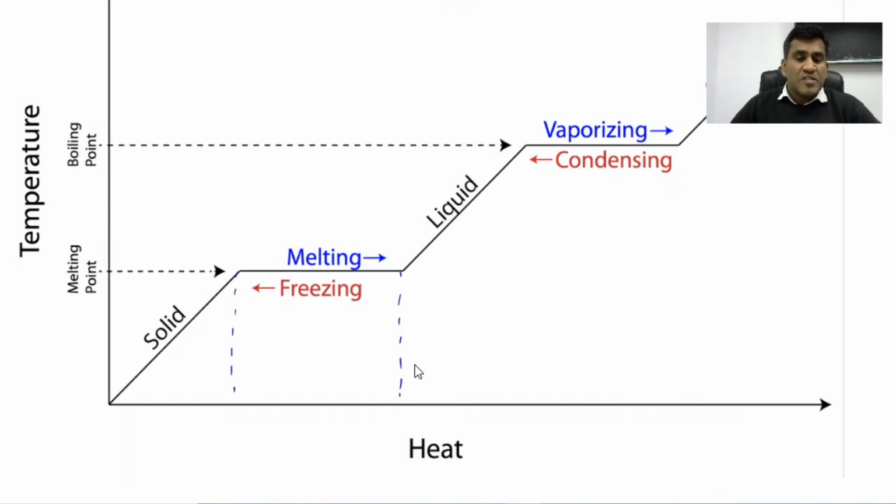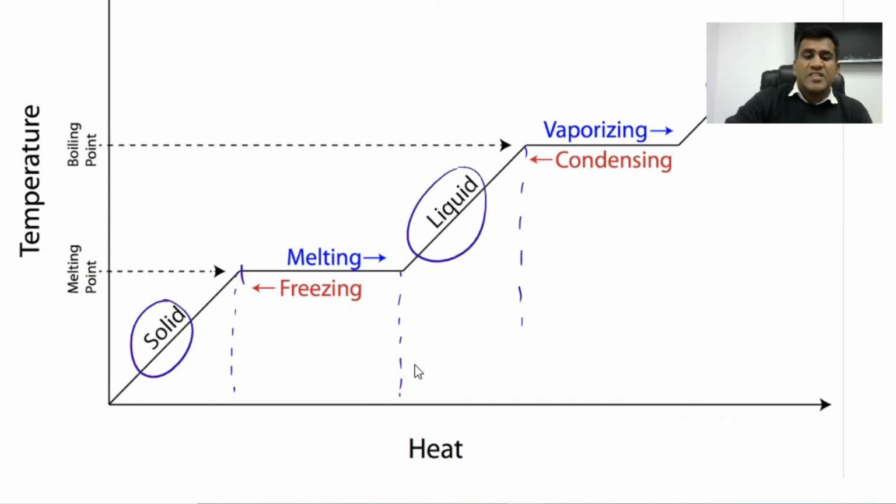When we continuously supply heat to the solid, its temperature increases and its state stays solid. Further, when it converts from solid to liquid, it melts while maintaining its temperature. Then the liquid goes to the gaseous state again by increasing the temperature, and so on. So first is the solid, then the liquid, then the gas or vapor.